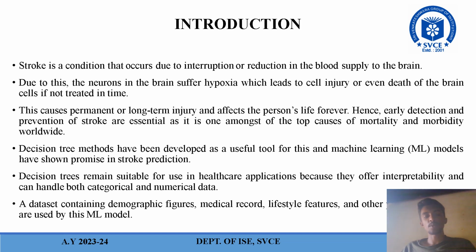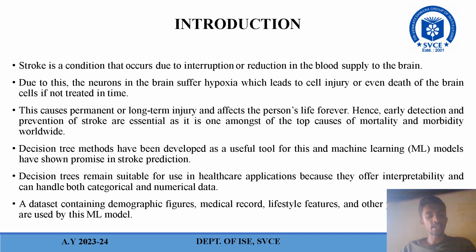Decision trees remain suitable for use in healthcare applications because they offer interpretability and can handle both categorical and numerical data. A dataset containing demographic figures, medical records, lifestyle features, and other features is used by this machine learning model. Stroke is further explained as a medical emergency caused by a blockage or rupture of blood vessels in the brain, leading to oxygen deprivation and subsequent damage to brain cells.